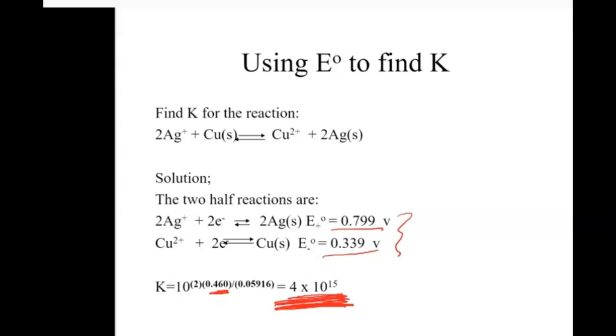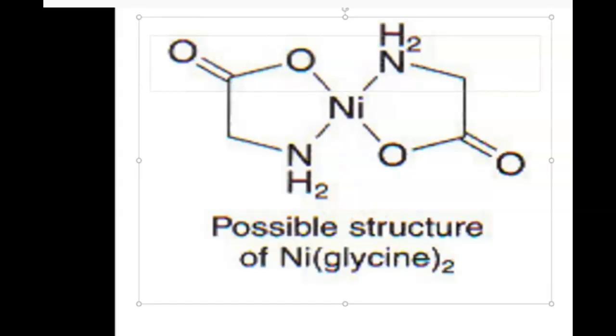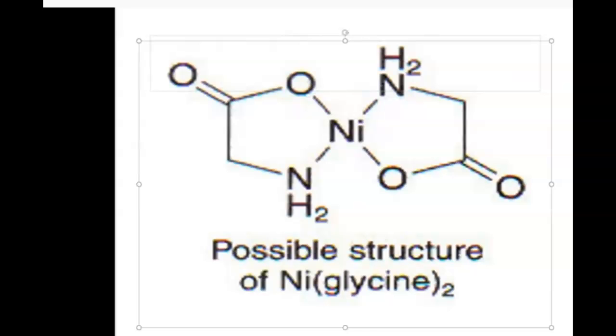Okay. Does anybody remember this molecule, or a molecule like this? This is nickel glycine. If you recall from quant, this would be one of those molecules that have a capability of attaching themselves to metal ions.